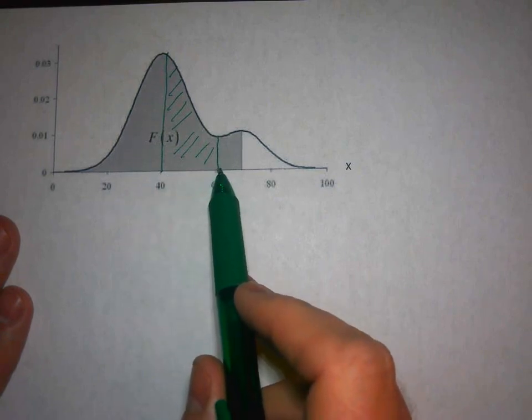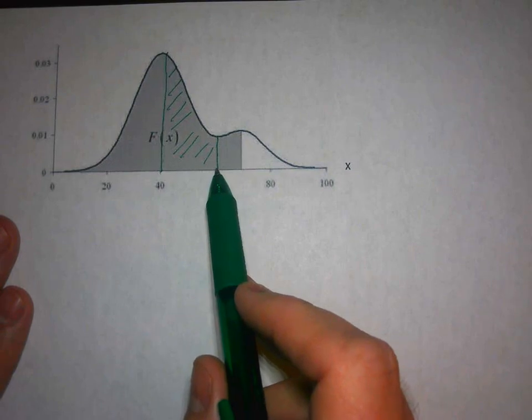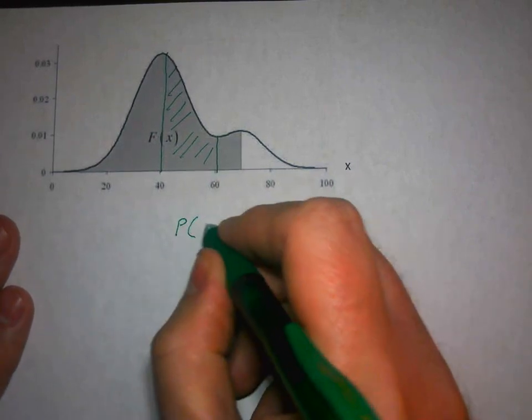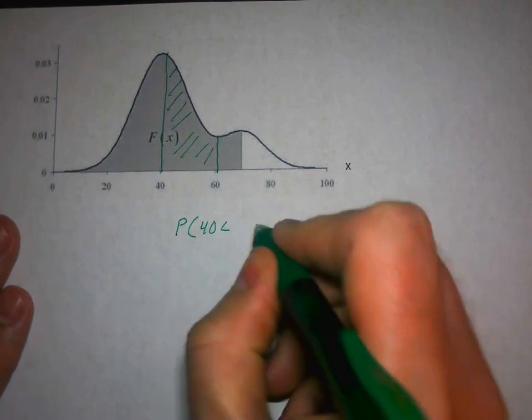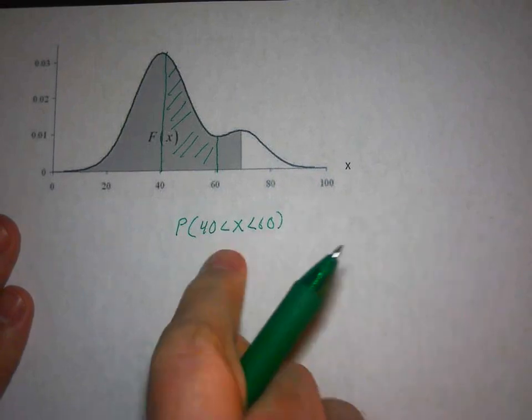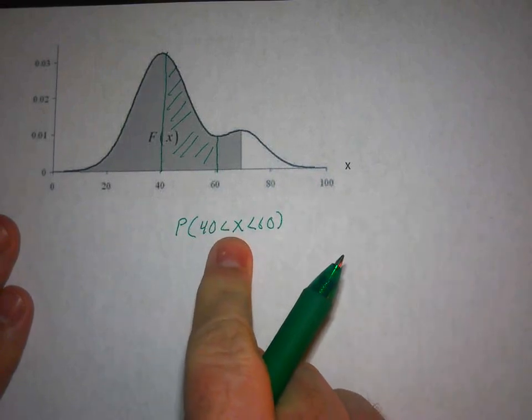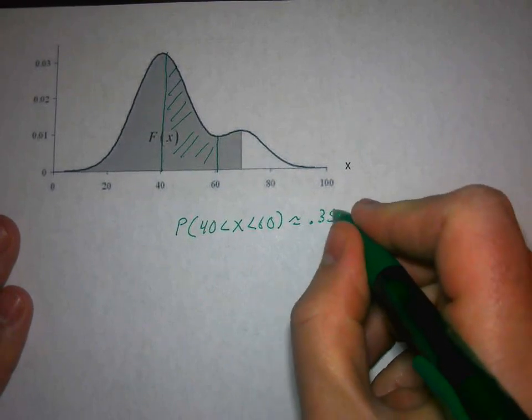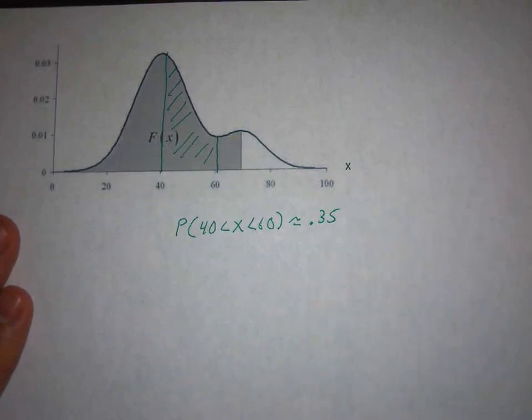You might guess maybe 30% or maybe 35%. So the probability that 40 is less than x is less than 60, basically between 40 and 60 minutes, is approximately, I'm just guessing here, about 35%.